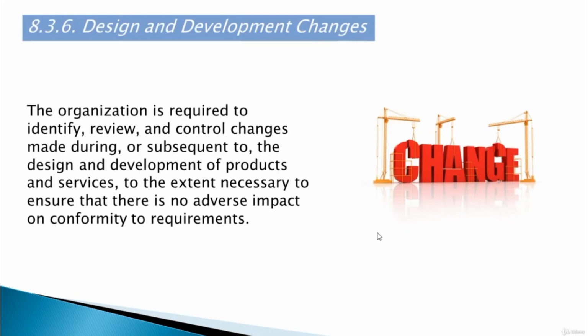The sixth subclause of design and development is design and development changes. The organization is required to identify, review and control changes made during or subsequent to the design and development of products and services, of course to the extent necessary to ensure that there is no adverse impact on conformity to requirements.